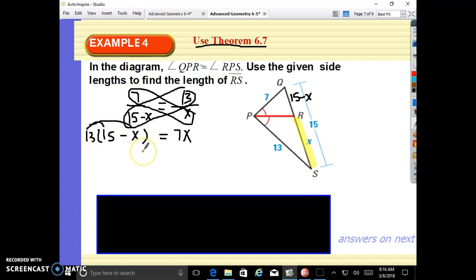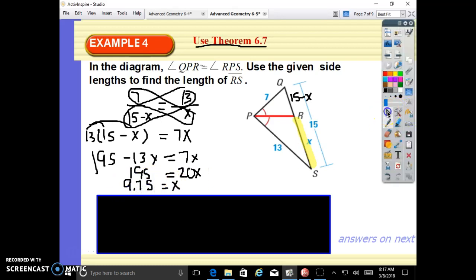Distribute 13 times 15, 195, minus 13x equals 7x. Add 13x to both sides. 20x equals 195. Divide by 20 on both sides. You get 9.75, or 9 3/4.